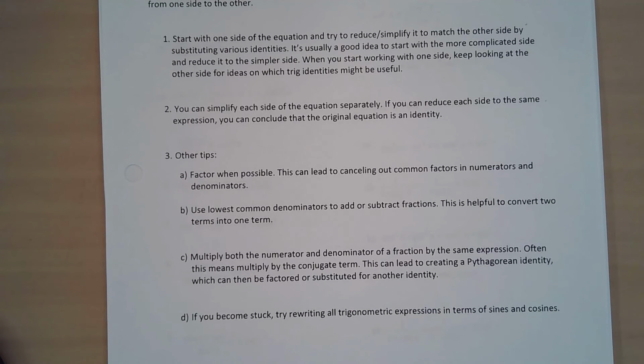The conjugate would be your terms stay identical, it's just the opposite sign. It's like the factors of a perfect square, right? Those are conjugates. x minus 2, x plus 2. So a conjugate in trig might look like this. Sine theta plus 1. What would its conjugate be?